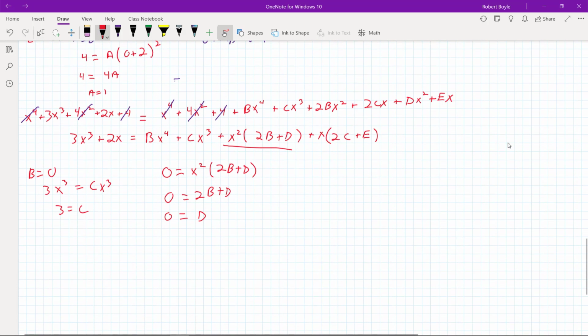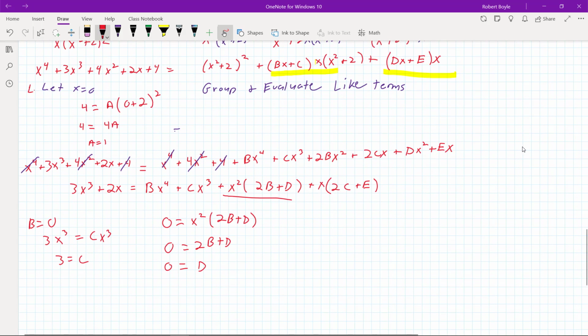And then finally, we want to compare the linear terms. For the linear terms, we are going to have that 2x is equal to x times 2c plus e. Okay, well, the x's cancel out.